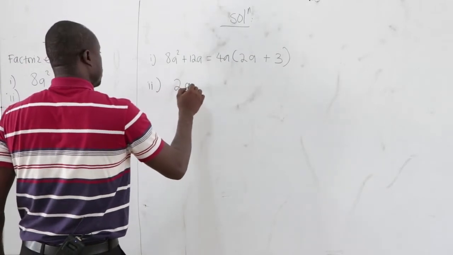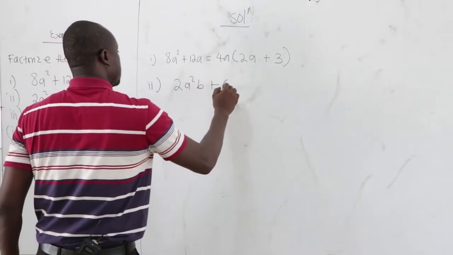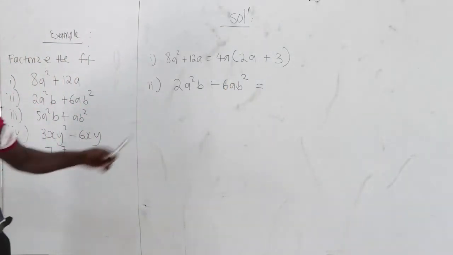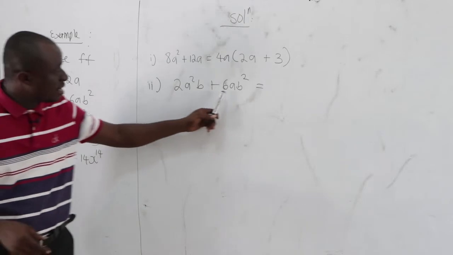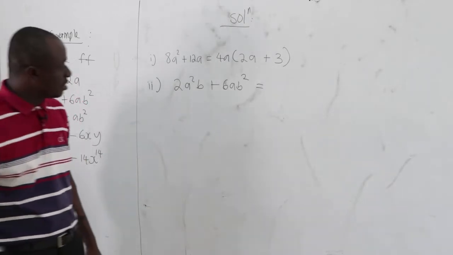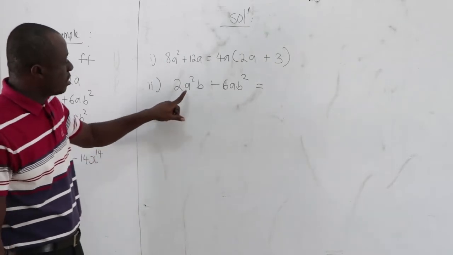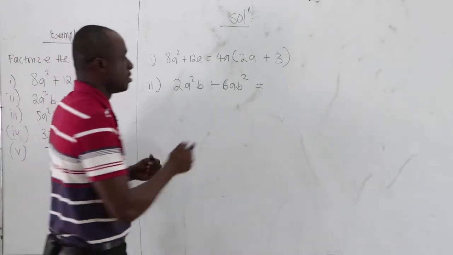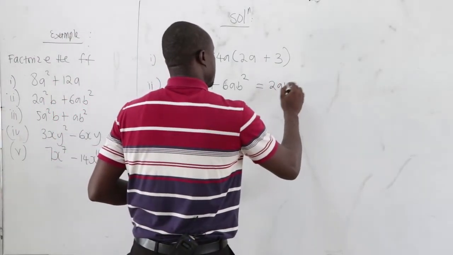Now let's see the second one. We have 2a squared b plus 6ab squared. Clearly 2 is a factor here, and we can also get 2 as a factor from the 6. So the common one, 2, goes out. We can also have ab being a factor of this, ab being a factor of this. So we can bring 2ab out.